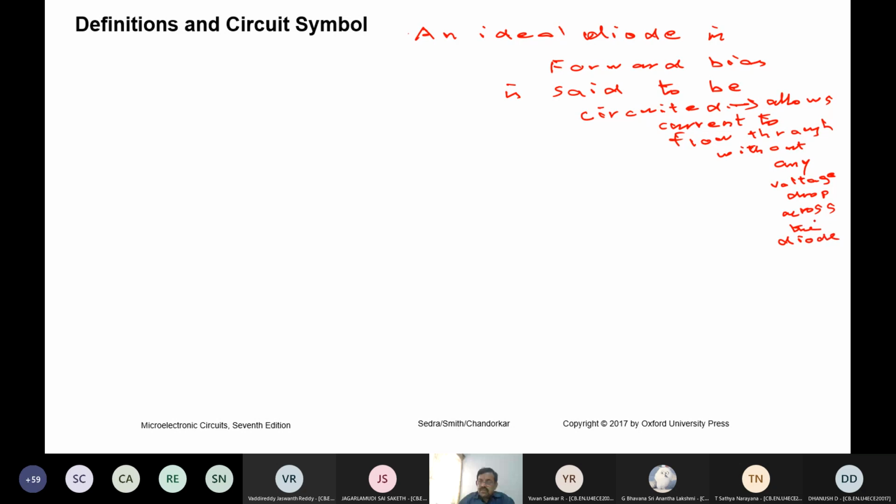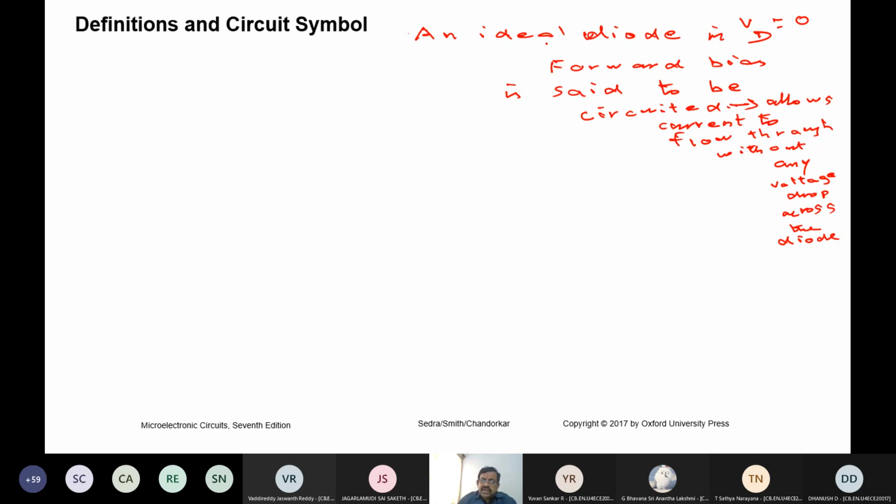So if I measure VD, the voltage drop across the diode, it will be 0. The diode is said to be in on condition. It is said to be in on condition under forward bias. Turned on or simply on.